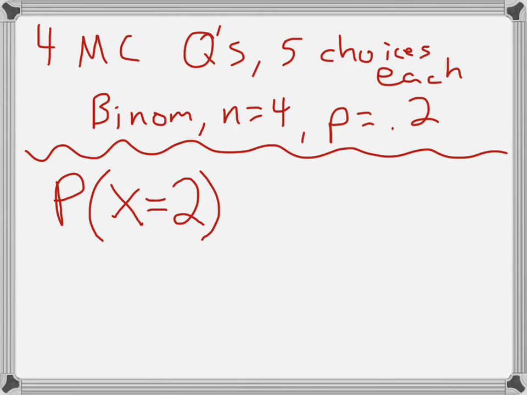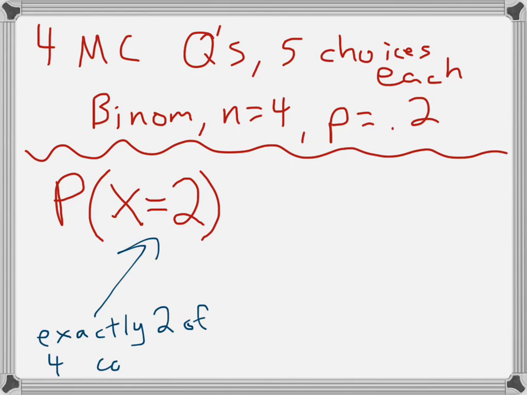So what we need to do is figure out x, the number of successes, equaling 2. That means we're going to get 2 correct. So in context, exactly 2 answers correct. So exactly 2 out of 4 are correct. Let's not write that as a fraction, that might confuse you. 2 of 4 are correct.